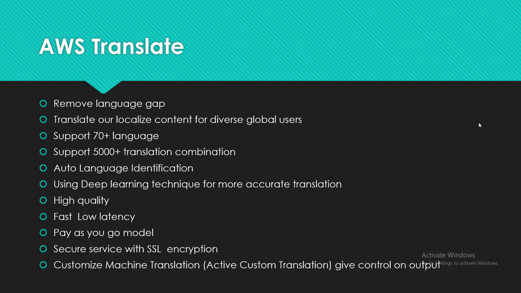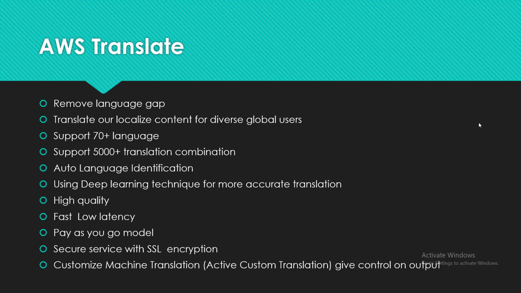And the other important thing from a user perspective is that whatever translation you do from your website and send into the AWS cloud, it is secure. It provides SSL encryption, so that data is secure.